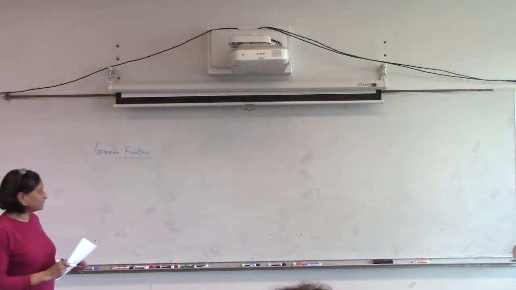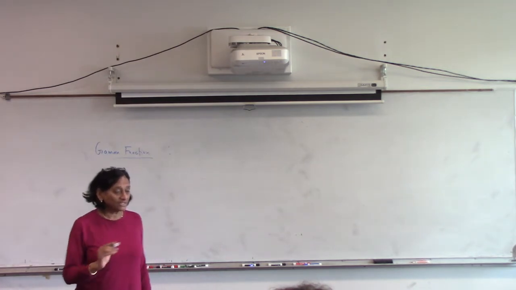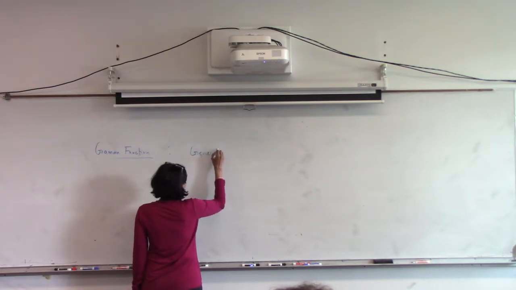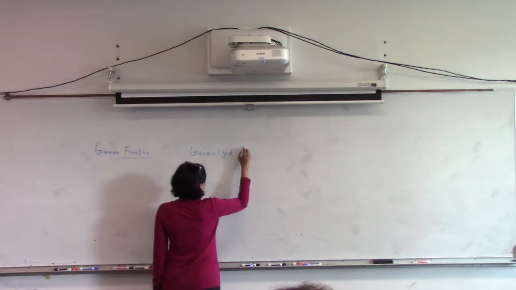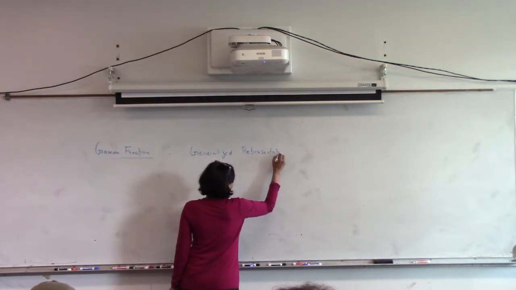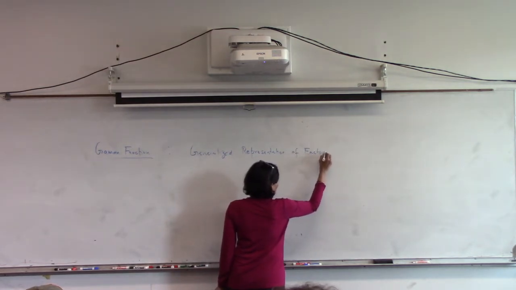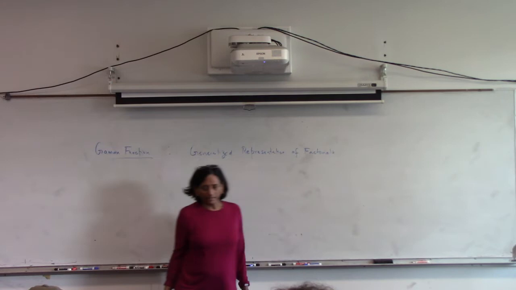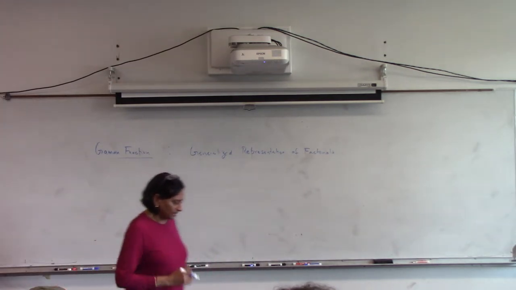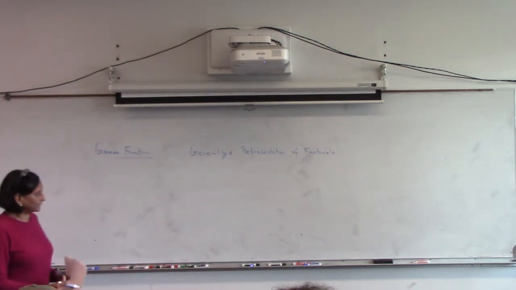Gamma function is a way to represent factorials, a generalized way of representing factorials that includes not only integers but any real number, with half factorial, 3 half factorials, I can calculate all that.